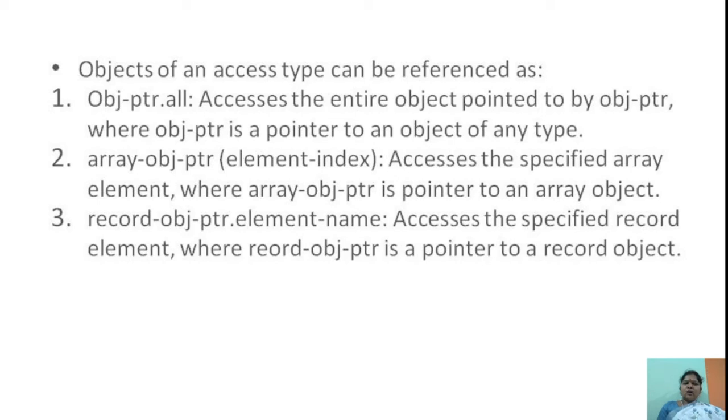Object pointer all accesses the entire object pointed to by object pointer, where object pointer is a pointer to an object of any type. Array object pointer accesses the specified array element, where array object pointer is a pointer to an array object. Record object pointer element name accesses the specified record element, where record object pointer is a pointer to a record object.